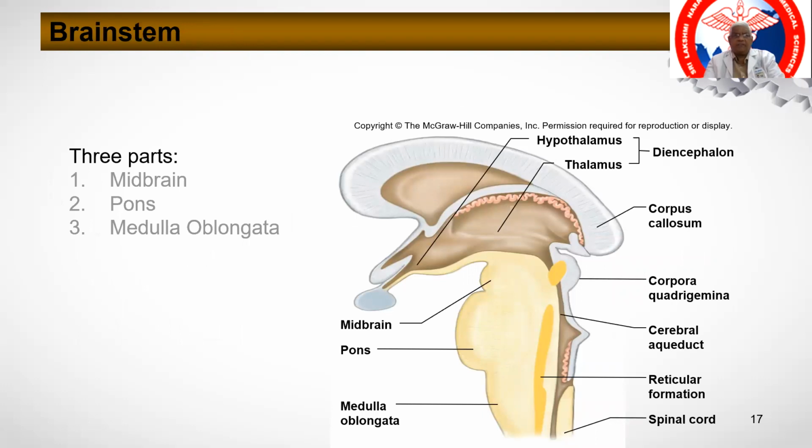Brainstem consists of three parts: midbrain, pons, and medulla oblongata. Diencephalon, hypothalamus, thalamus, corpus callosum, midbrain, pons, medulla oblongata, corpora quadrigemina, cerebral aqueduct, reticular formation, and finally spinal cord.